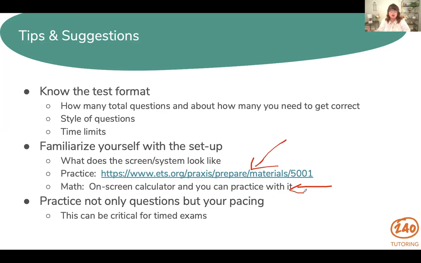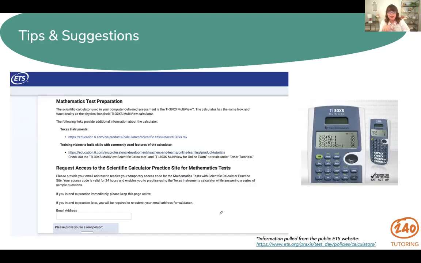And if you're not used to that, it can really slow you down. And then I'm going to recommend that you always practice your pacing. Not just can I do the math, but can I do the math fast enough? Can I move through these problems quickly? Now, again, here's what the calculator looks like. And you can see right here where you can request access to that calculator to practice. So I highly recommend you do that.